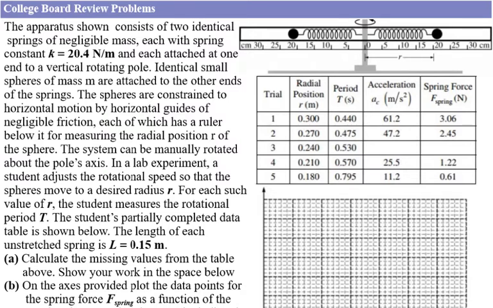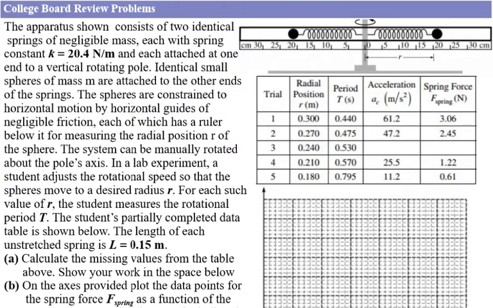The system can be manually rotated about the pole's axis. In the lab experiment, a student adjusts the rotational speed so that the spheres move to a desired radius R. For each such value of R, the student measures the rotational period T.